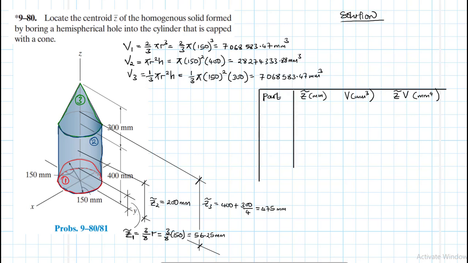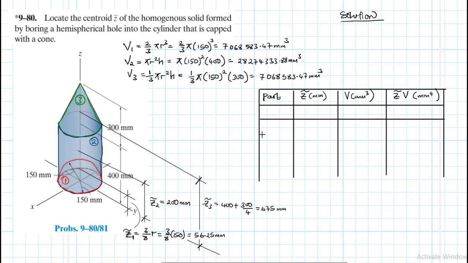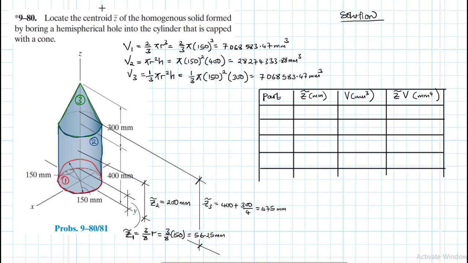We draw a table quickly and then enter all the values. How many rows? 3. So we have 1, 2, 3, and then for summation the fourth one, like so. Great. So we have part 1, part 2, part 3, and summation.